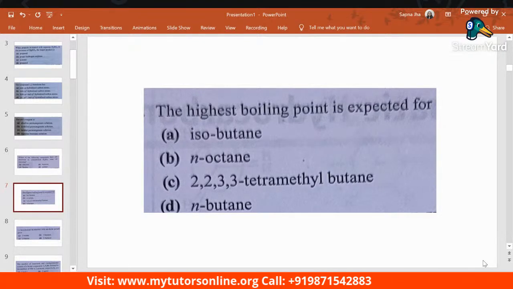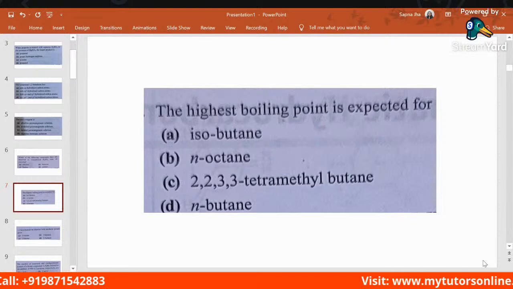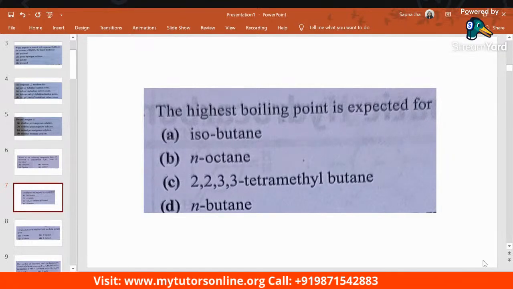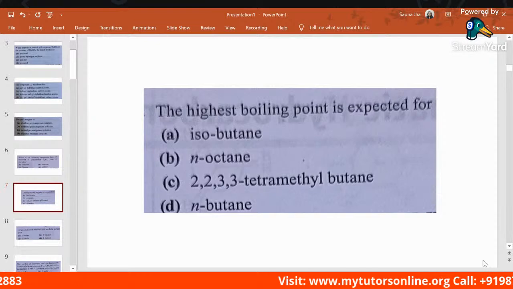Okay, Vachna has written B. Good. So as you all know, the highest boiling point is expected for normal octane. Why is it? Because in the alkanes, the boiling point increases with increase in the molecular mass due to increase in the van der Waals forces.